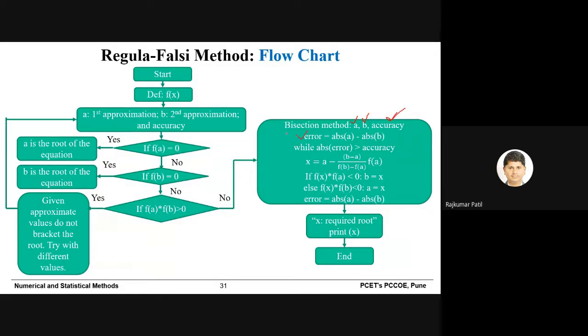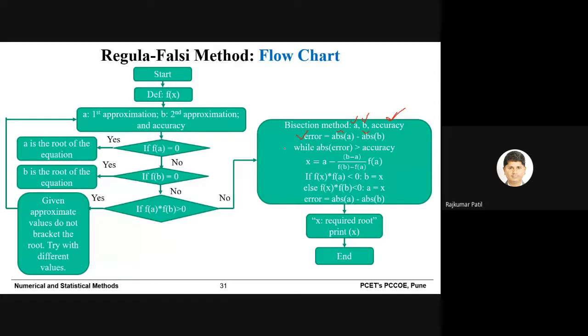Then we need to calculate the error, that is the difference between a and b, and we take the difference between the absolute value of a and the absolute value of b, because the root may be positive or negative. So that's why we take the absolute value, so that whatever difference there is will be assigned to error.